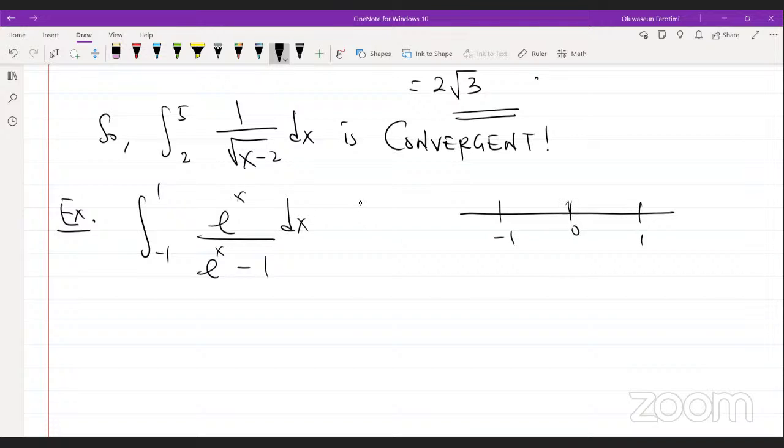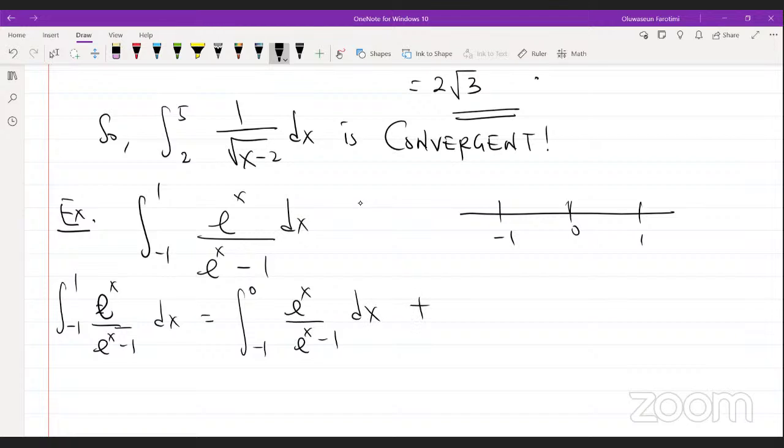Whenever it's going from the negative of a number to the positive of the same number, always think about splitting into 2. So I have to go this route: the integral from -1 to 0 of e to the x divided by e to the x minus 1 dx, plus the integral from 0 to 1 of e to the x divided by e to the x minus 1 dx. That's just me splitting it into 2, guys.